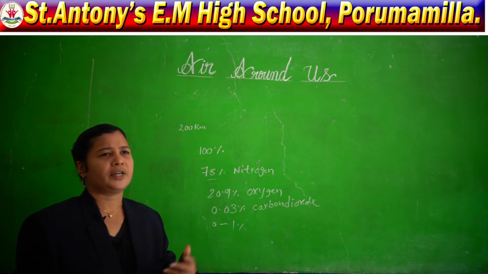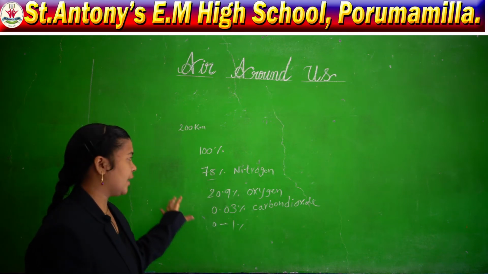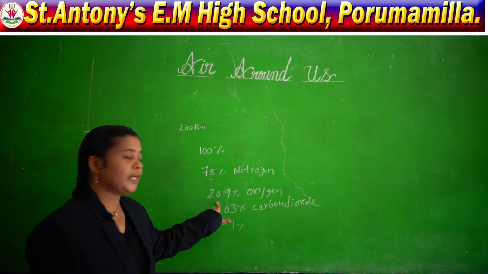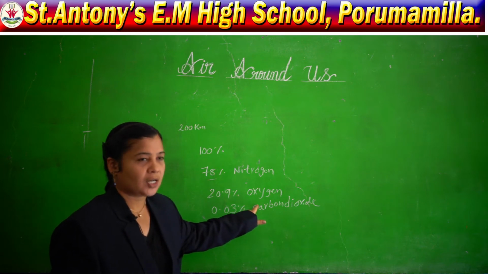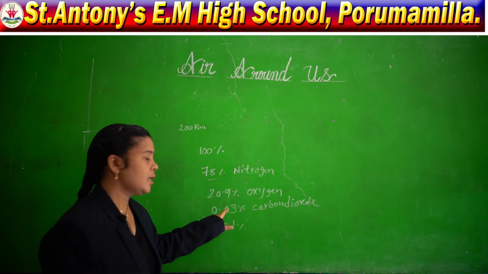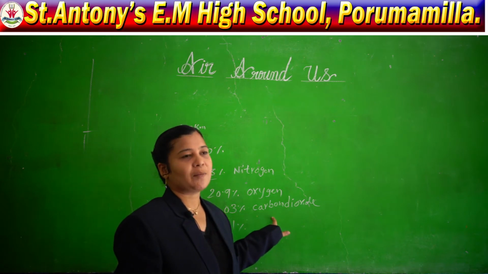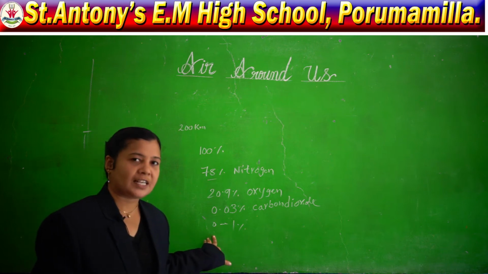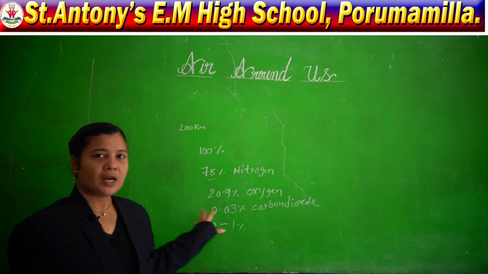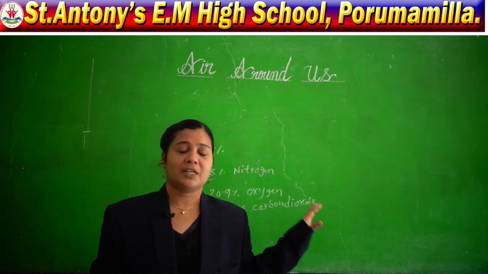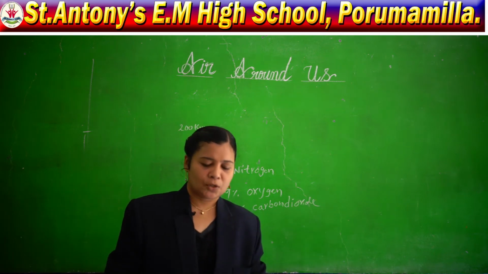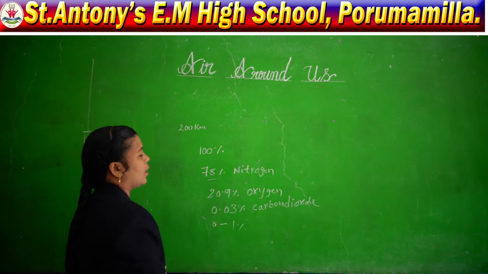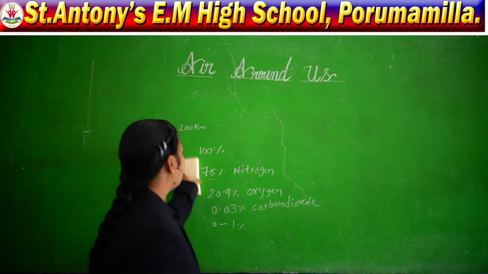These different gases fill the air. 78% is nitrogen, 20.9% is oxygen, 0.03% is carbon dioxide, and the remaining percentage is other gases. Understood? Air is made up of different gases. And we will also discuss the use of nitrogen, oxygen and carbon dioxide.